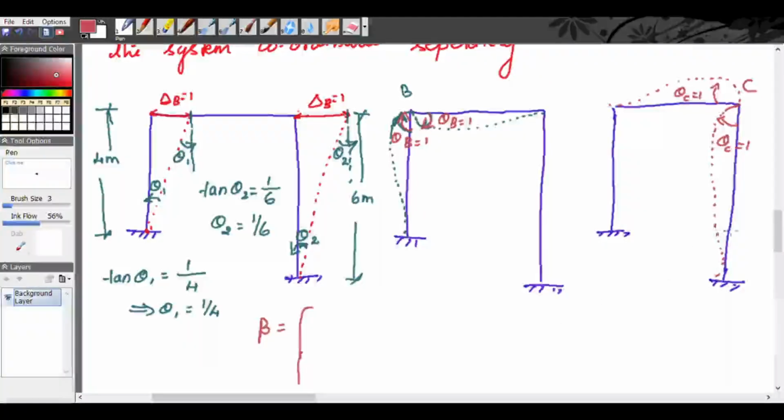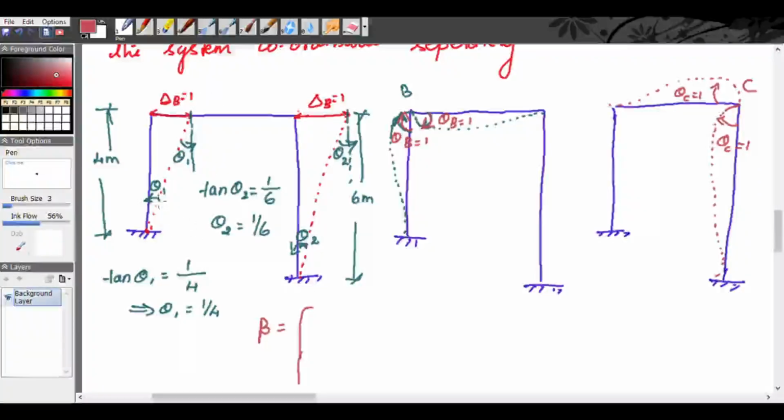So for the first case, that is when delta B is equal to 1, this is anti-clockwise, anti-clockwise, anti-clockwise and anti-clockwise. So it is minus 1, sorry, theta 1 is 1 by 4, right? So minus 1 by 4, minus 1 by 4. In the beams, you don't have any rotation because of this displacement.